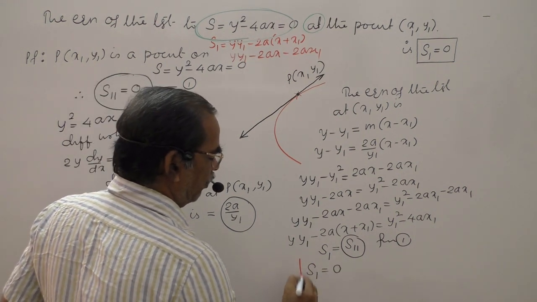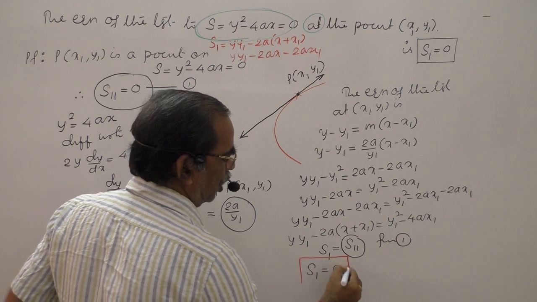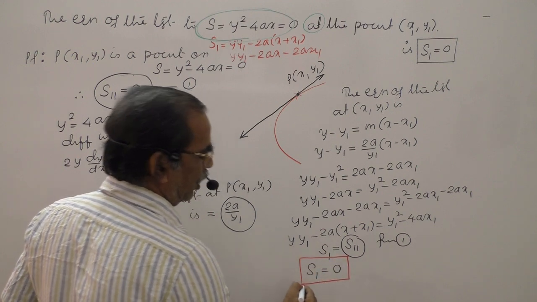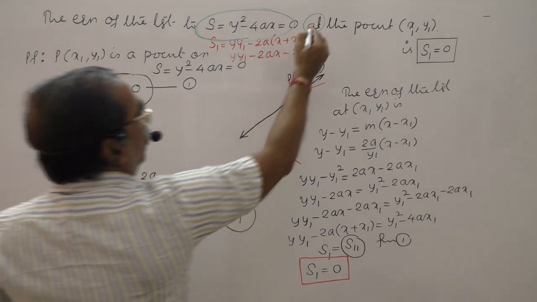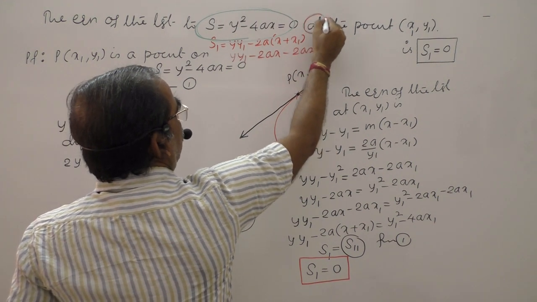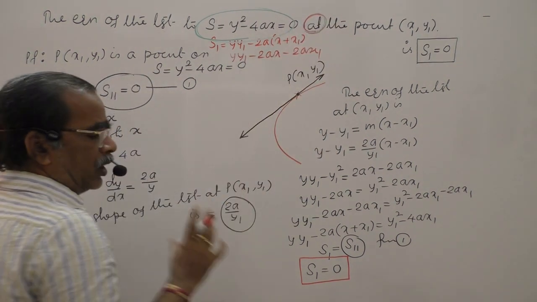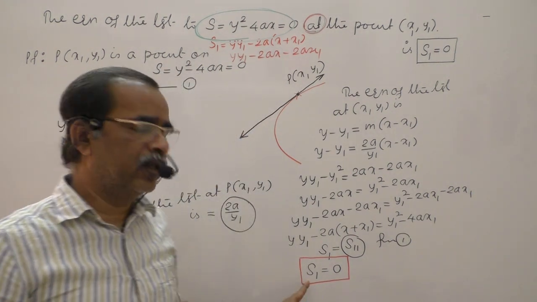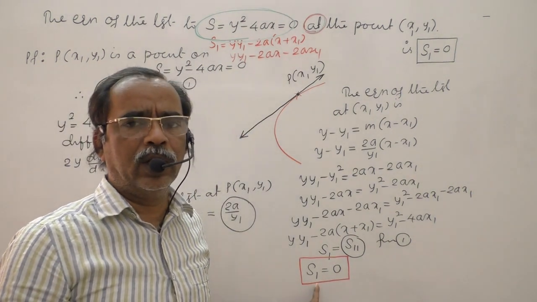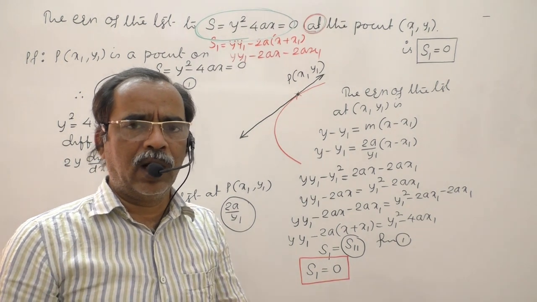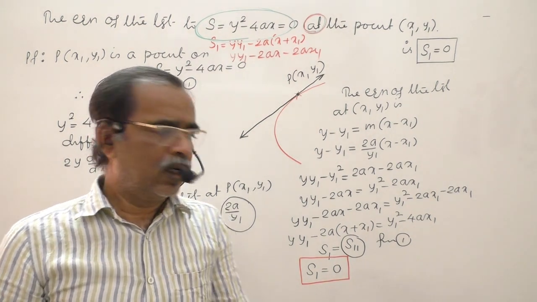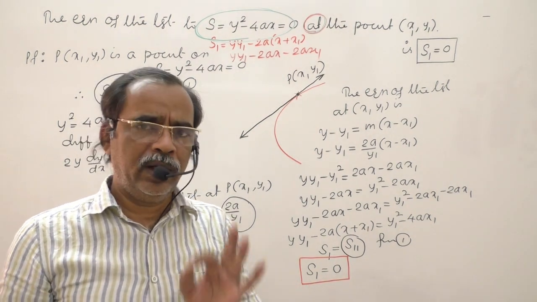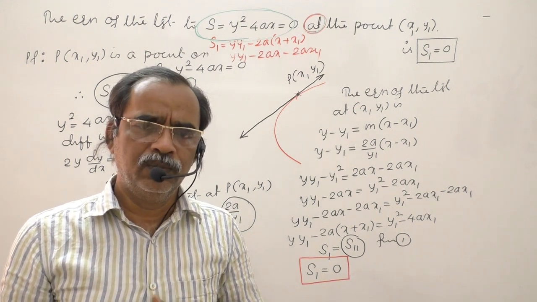This is the equation of the tangent to the parabola S equal to 0 at the point. This word is important now. At the point only there exists one tangent. The equation of the tangent at the point x1, y1 to the parabola S equal to 0 is simply S1 equal to 0.